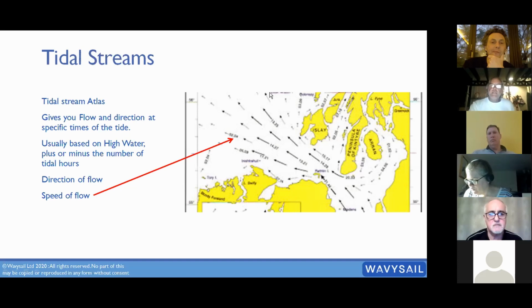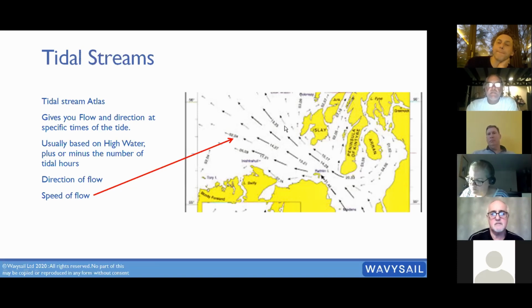What a stream atlas does, it visually represents how fast the stream is. So you can glance at it and go, okay, the stream in here is far less than the stream in the middle, rather than having to look at each tidal diamond and try and work it out. So it's just a much quicker way of referencing it.